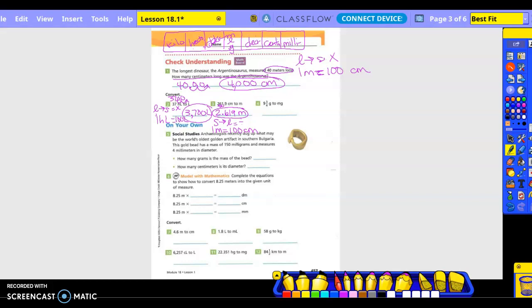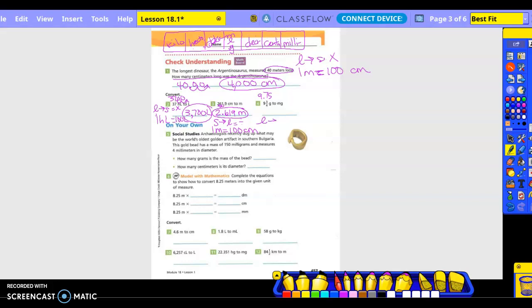Okay, so 9 3/4 as a decimal is 9.75, 9 and 75 hundredths, right? That's also what that equals. Okay, so grams are right here. Milligrams is right there. So am I going larger to smaller or smaller to larger? Larger to smaller.